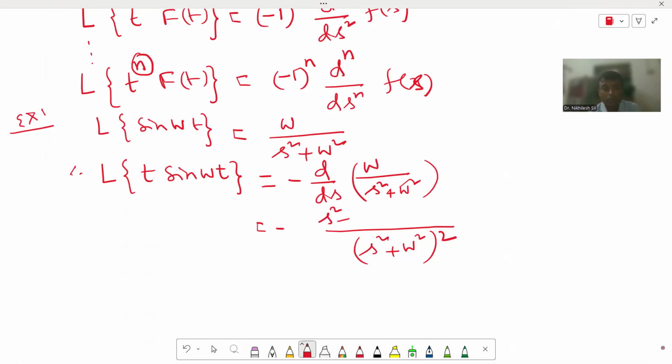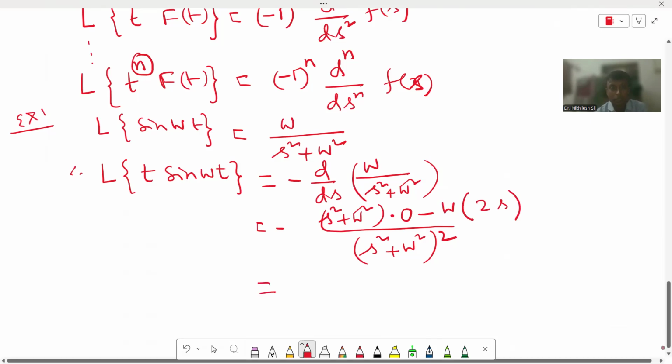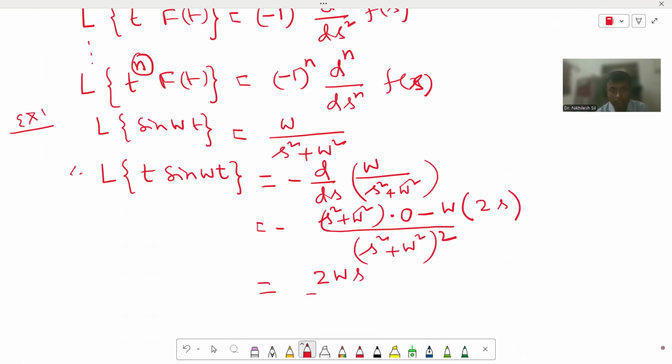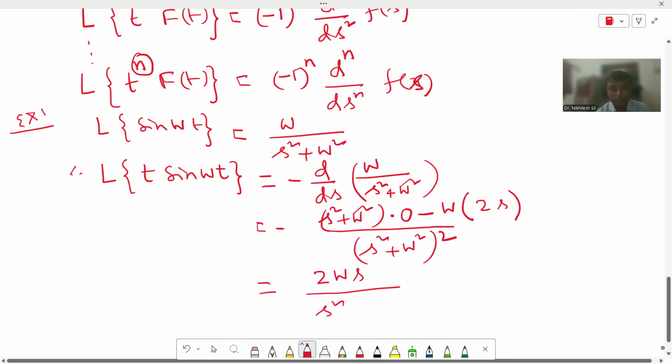Then s square plus omega square into derivative of omega, that is equal to 0, minus omega into derivative of s square plus omega square, that is 2s. Clear? So this is equal to 0 minus a plus 2 omega s, 2 omega s divided by s square plus omega square whole square.